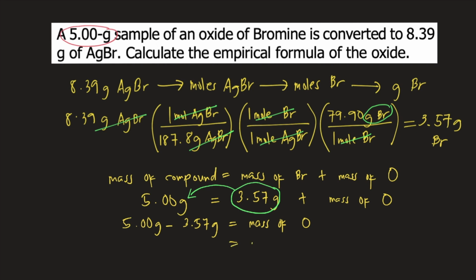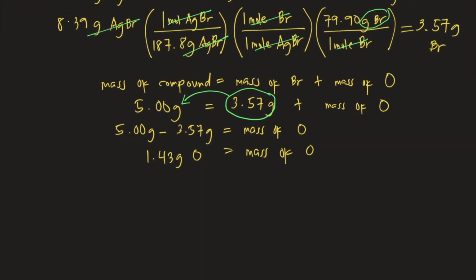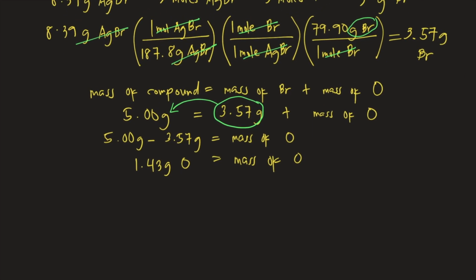And that is equal to 1.43 grams of oxygen. So, we just figured out that the compound contains 3.57 grams of Br and 1.43 grams of oxygen.